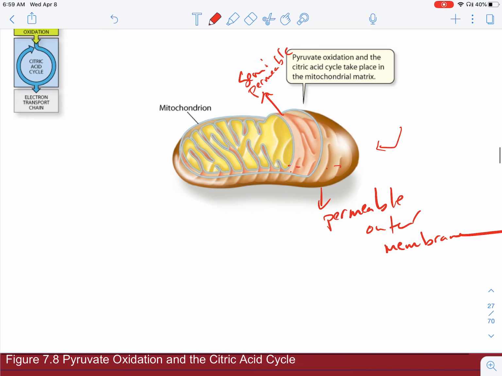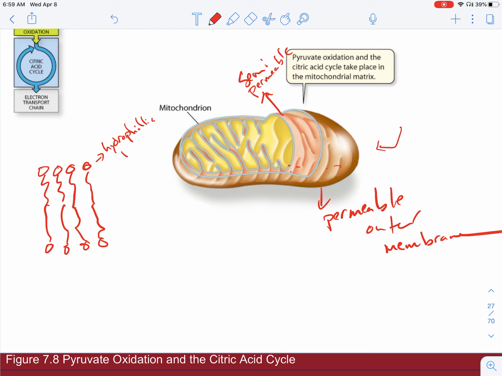And if we remember our talks about lipid bilayers, they look like that, right? And they have what? Hydrophilic heads and hydrophobic tails, right?